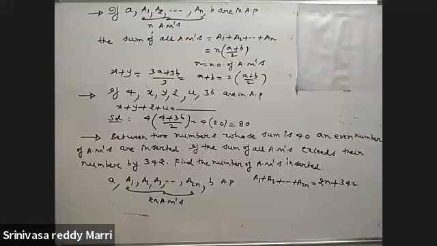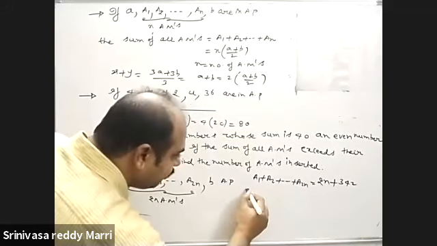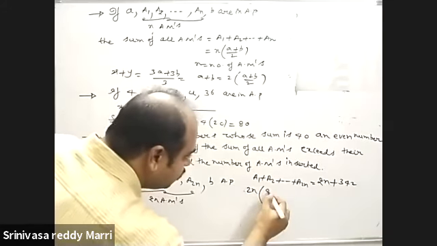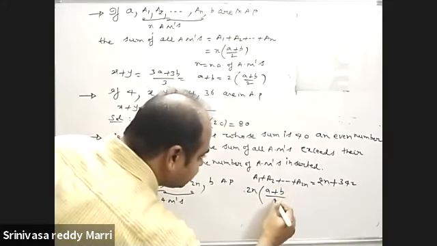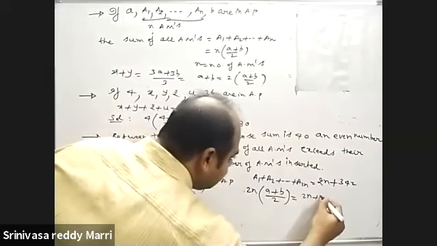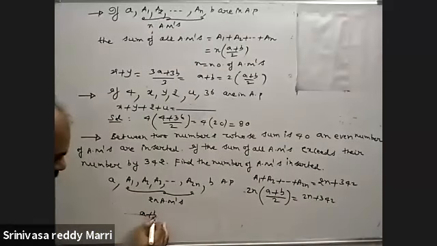Exceeding means the sum of all the AMs is nothing but, how many AMs are there? 2n, into first term plus last term, divided by 2, equal to 2n plus 342. Given that a plus b, the sum of the numbers, is 40.